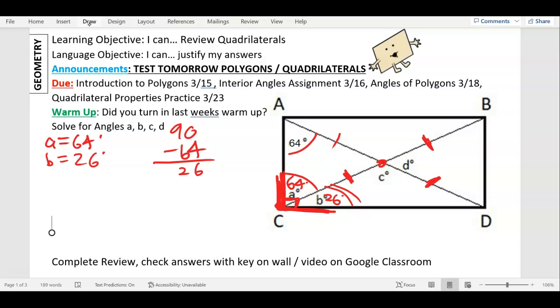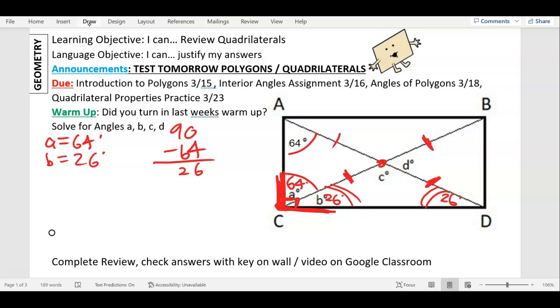Just like this triangle over here, down here, same thing. If the opposite angle is 26, the other one over here is going to be what? Okay, y'all see that? Those base angles are congruent because it's an isosceles triangle. Isosceles, two congruent sides gives you two congruent angles.